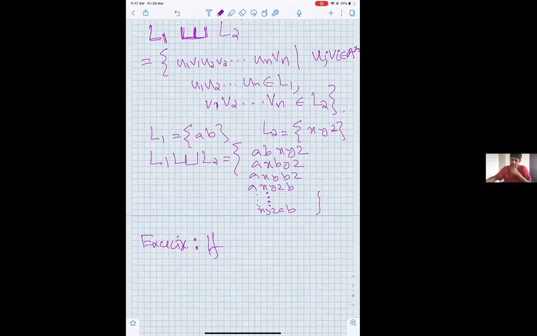But the way I have written it as U1, V1, U2, V2, and so on, I'm actually interspersing that. Okay, I'm still confused. So in your example, XYZ AB is allowed even though L1 and L2 do not have empty words, and the first word ought to be from L1. Yes, exactly. That's my point. Okay.